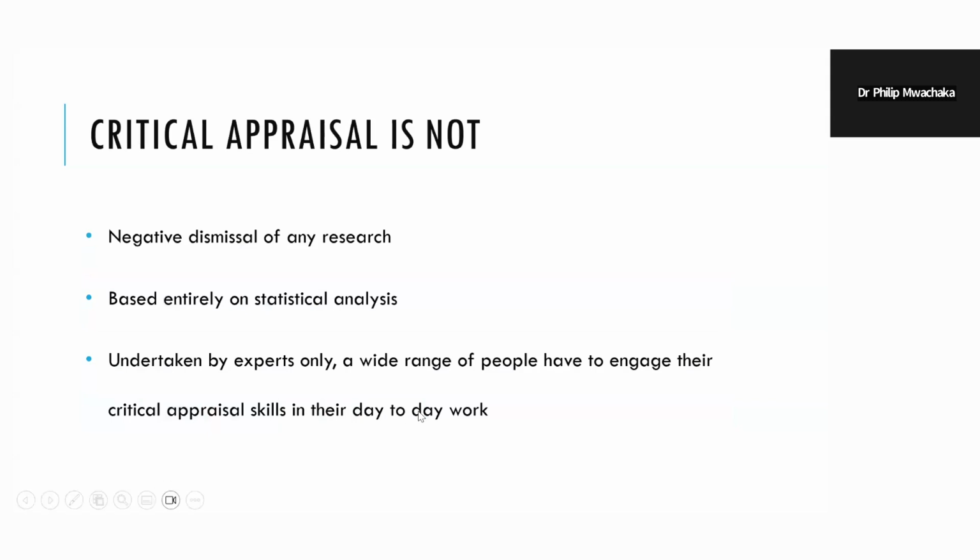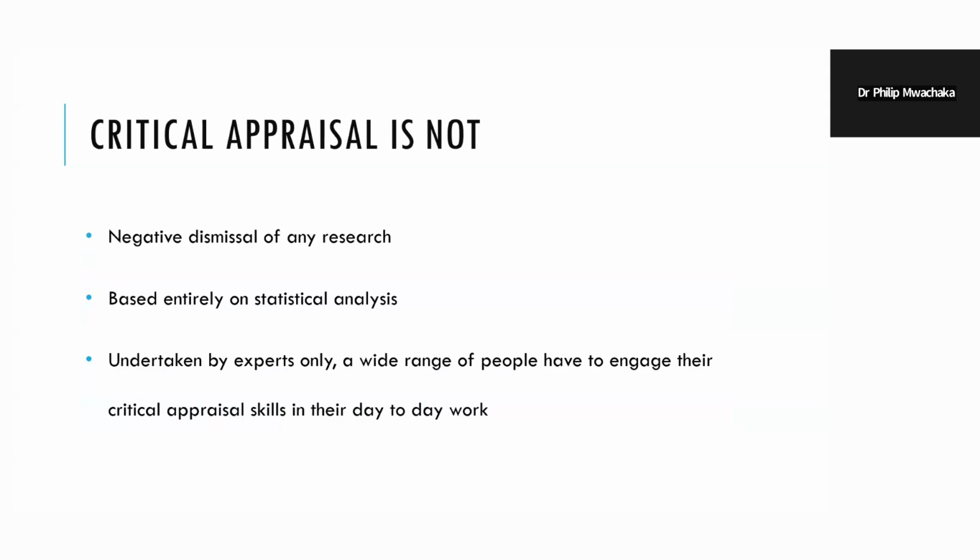So critical appraisal is not negative dismissal of any research. I know when we were young and starting our research career, anytime we heard of critical appraisal, we thought that we are going to dismiss the paper in totality. Critical appraisal is basically to learn more about the paper and look at its trustworthiness, value, and relevance.